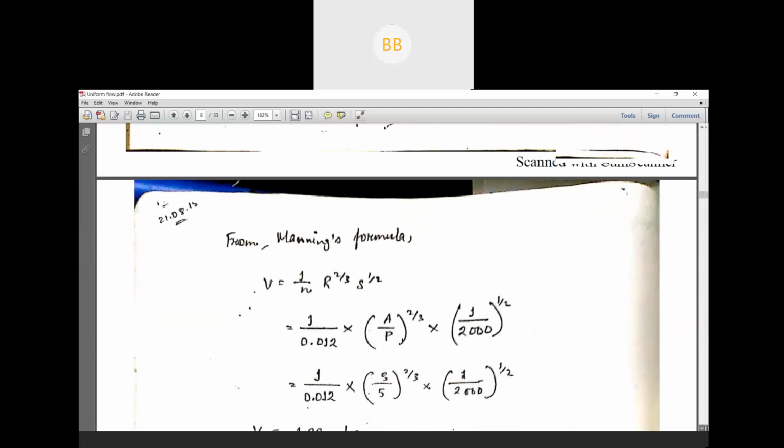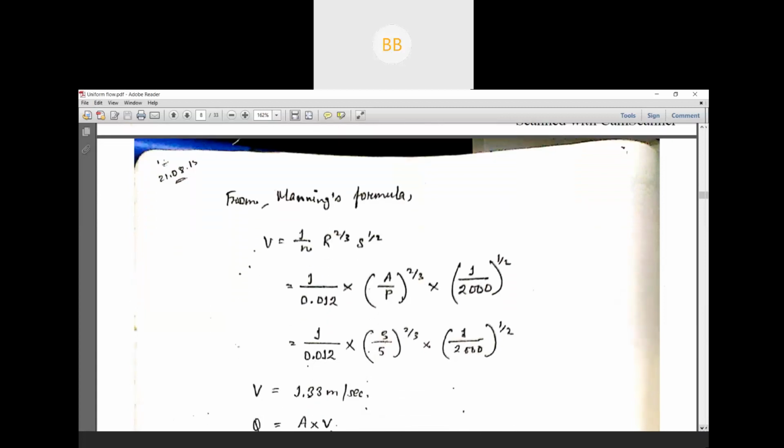Since our Manning's coefficient is given, we are using Manning's equation: V equal to 1 by n, R to the power 2 by 3, S to the power half. Manning's n is given, so we have substituted it here. R is nothing but area by wetted perimeter, to the power 2 by 3, and the slope is given as 4 by 8,000, so you can write 1 by 2,000, to the power half.